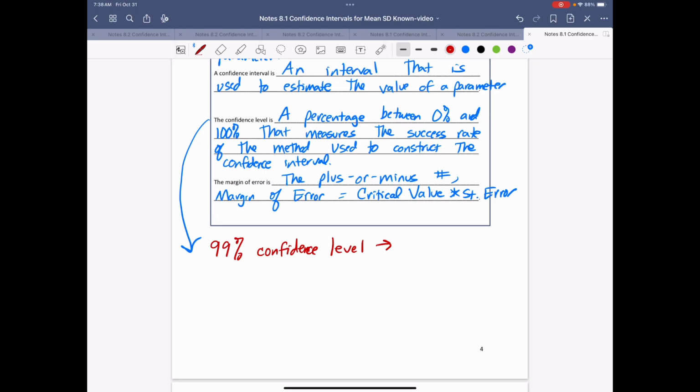Now here's what happens. If we draw many samples, and use each one to construct a confidence interval.